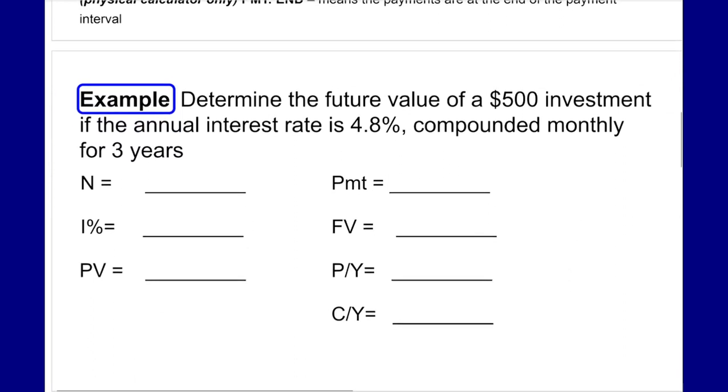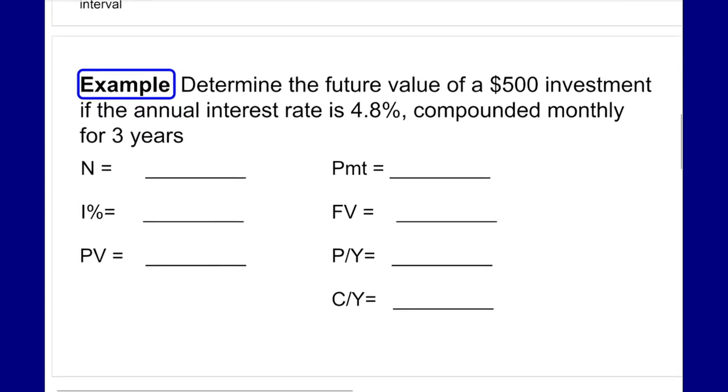So we're just going to look through a couple of examples and use TVM solvers to get the answer for us, but we have to figure out what we need to fill in first. We want to determine the future value of a $500 investment if the annual interest rate is 4.8% compounded monthly for 3 years.